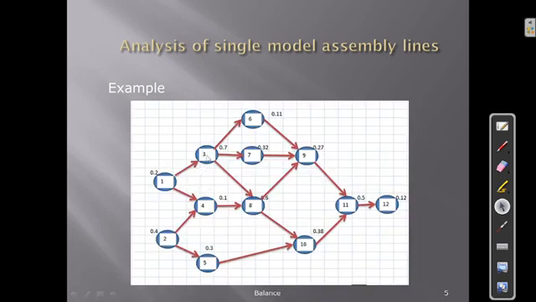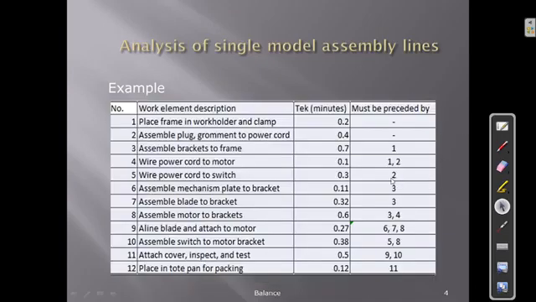Likewise we draw 3, 4, 5. Simultaneously we write the minutes: 0.3 minutes, 0.1 minutes, 0.7 minutes. Then we go to work element 6, which is preceded by 3, and 7 also preceded by 3, and 8 preceded by 3 and 4.